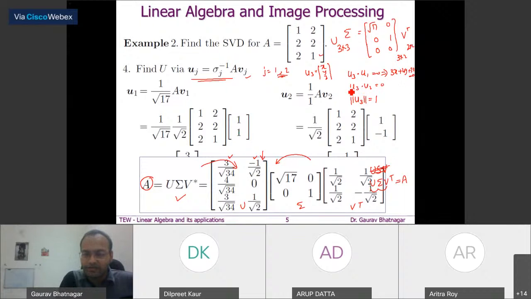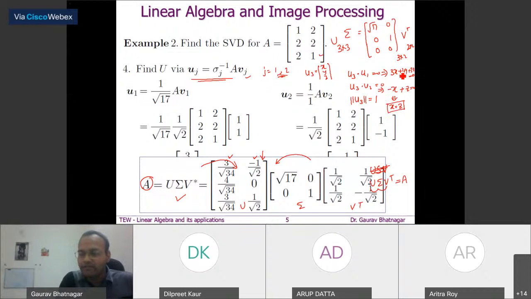Similarly, with the other relation, you will get another equation which says that minus X plus Z is equal to 0. And this relation gives me that X is equal to Z.